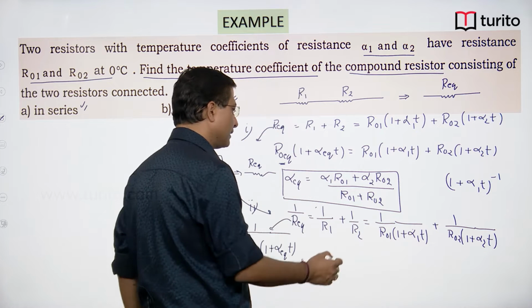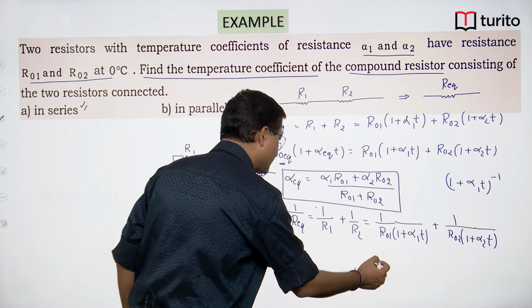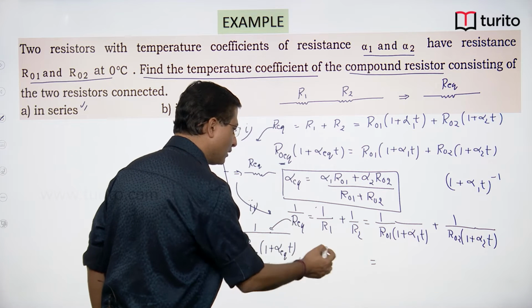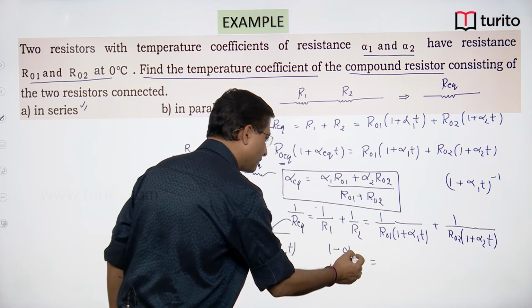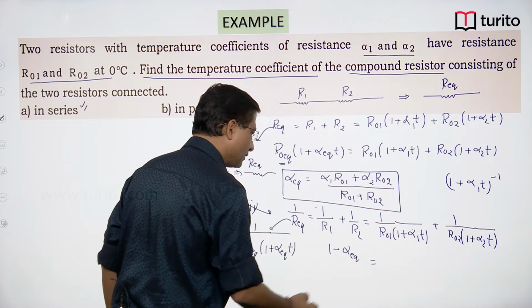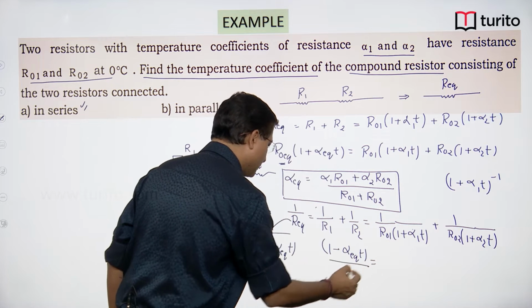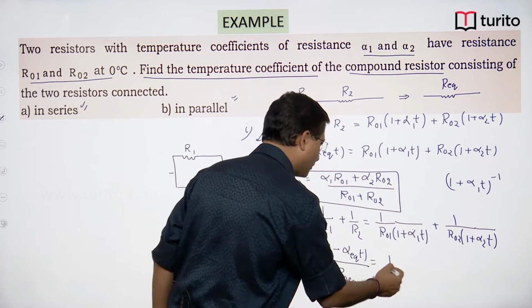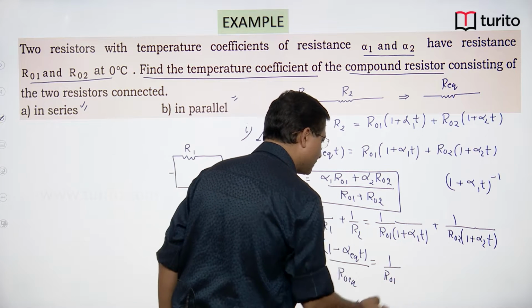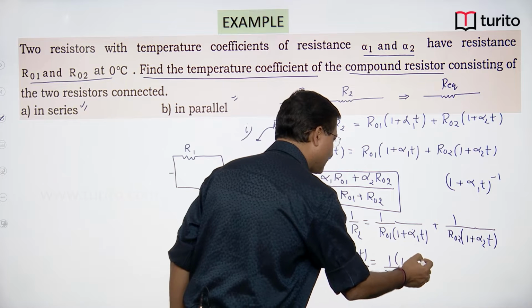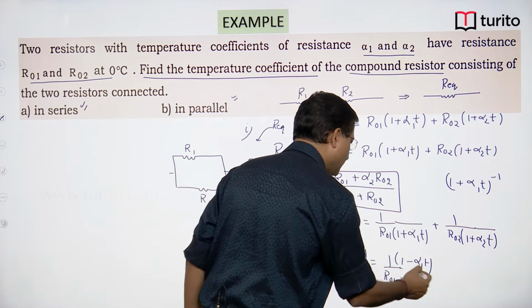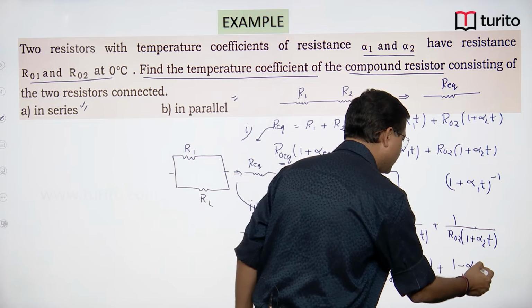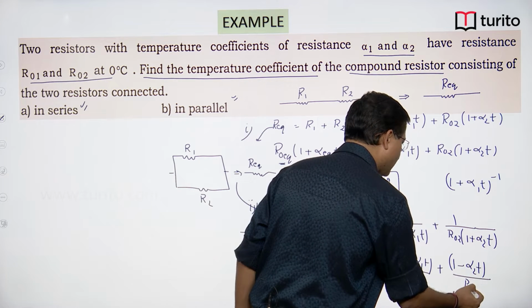So if I simplify, I can write the same expression as: this term will go up, 1 minus alpha equivalent t, divided by R naught equivalent, and here this will be 1 upon R naught 1, 1 minus alpha 1 t, plus 1 minus alpha 2 t, R naught 2.